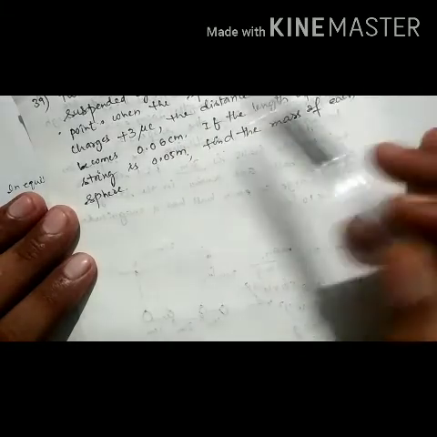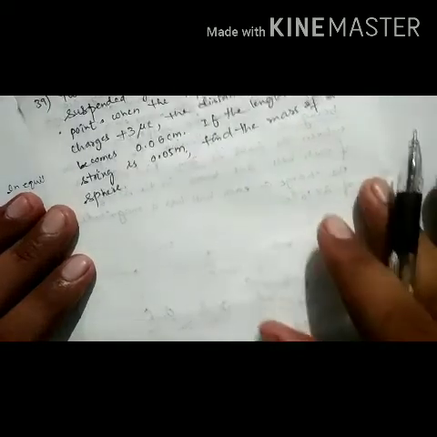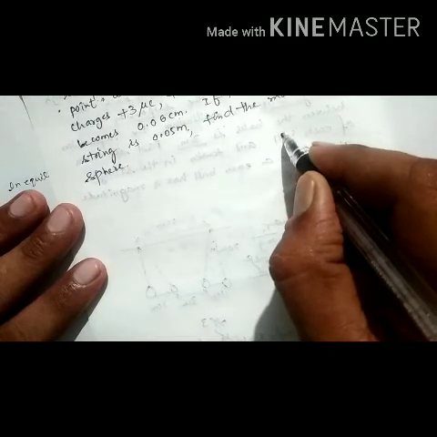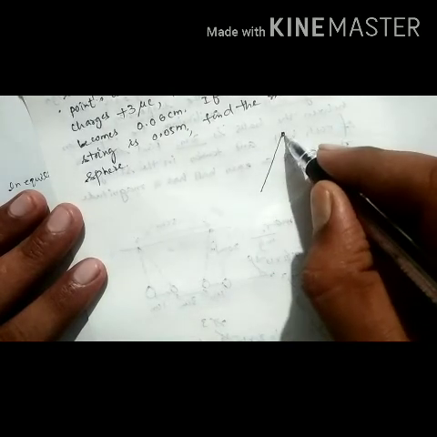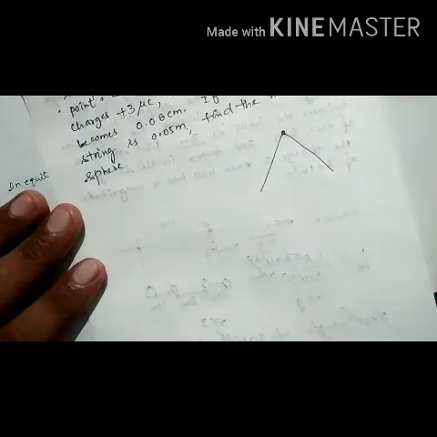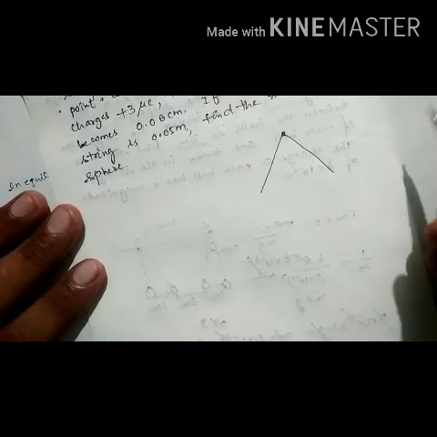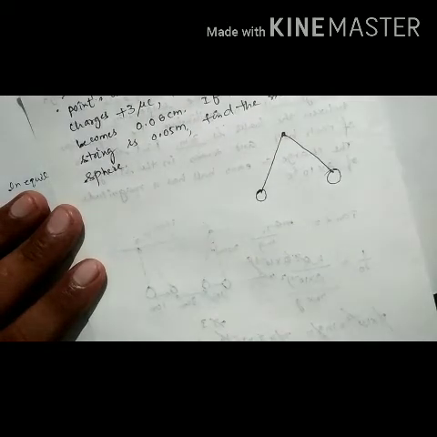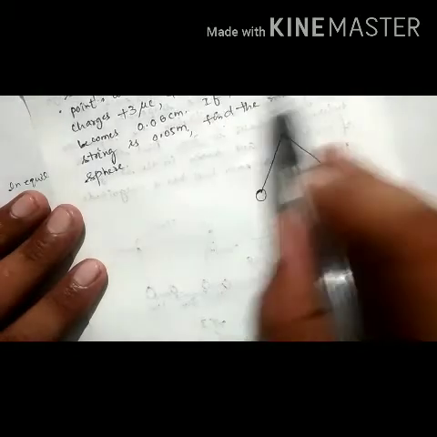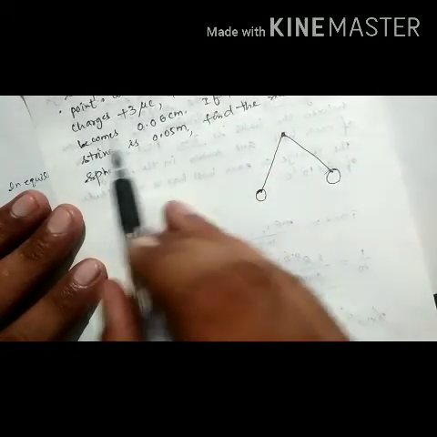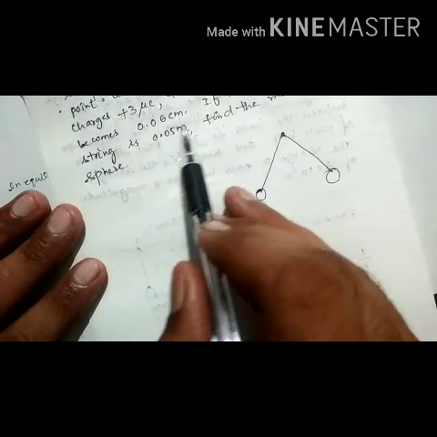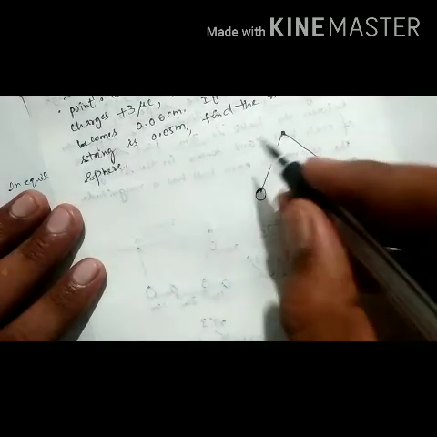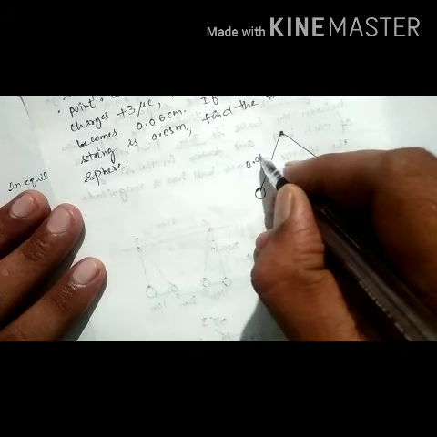When the spheres are given equal charges of plus 3 microcoulomb, the distance between the charges becomes 0.06 meters, if the length of each string is 0.05 meters.